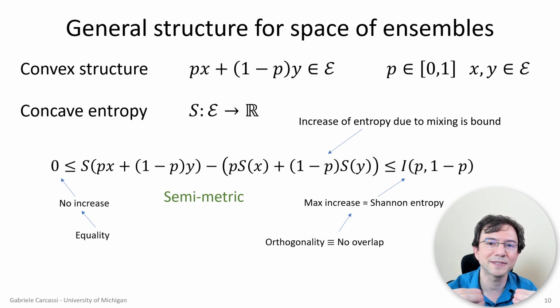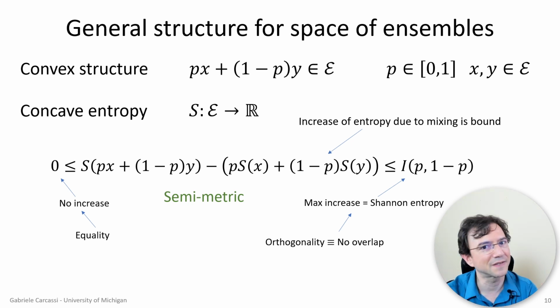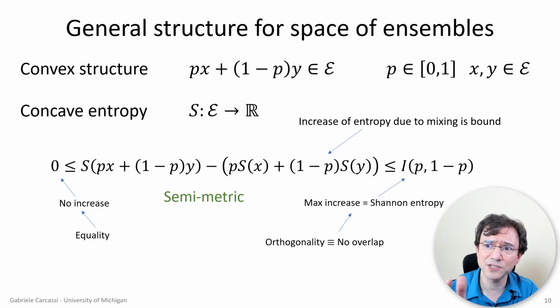Whenever I have this type of preparation procedure and I perform this type of measurement, I get this statistics, because these are the things that we can produce in the lab and prepare. And so the idea is to create a fundamental definition for a physical theory based on the notion of ensembles.